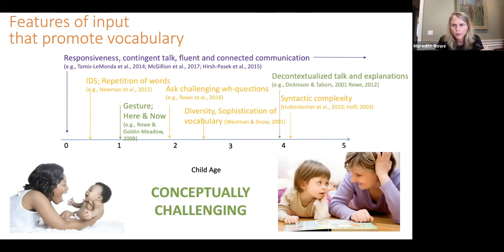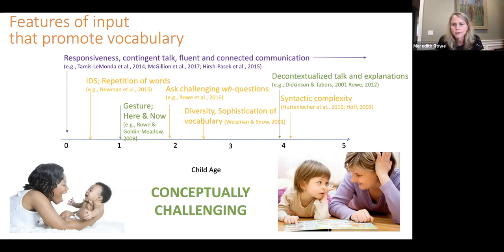Like with 1-year-olds, we know from a whole bunch of research that children learn best if you talk about what is right in front of them and what they're looking at, right? If you point at the dog and say, yeah, that's a doggy, that's a really great learning opportunity for the child. The child's interested in the dog, it's right there in front of them.